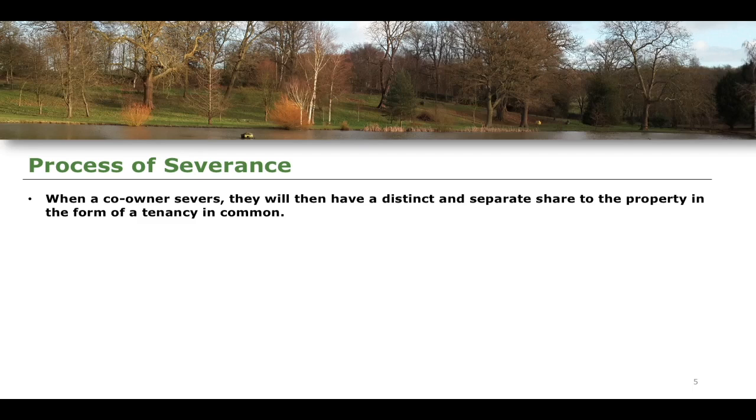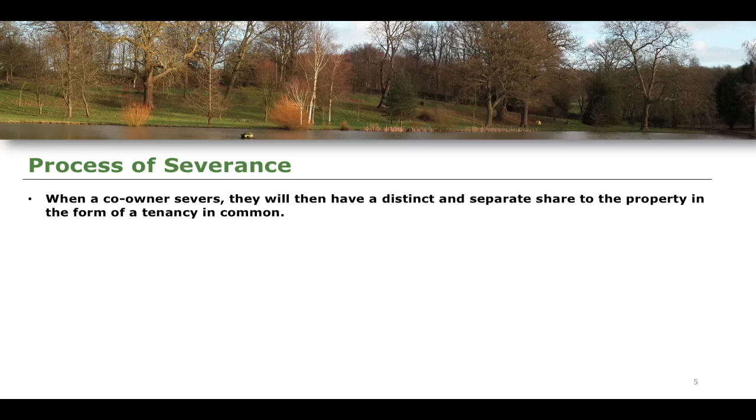So if you remember back to previous lessons, when we looked at the distinction between a joint tenancy and a tenancy in common, we concluded that the joint tenancy is this idea of there being a single unit of ownership, whereby you have different people who are co-owners of the property, but together they are a unitary group that represent a singular joint ownership of that property.